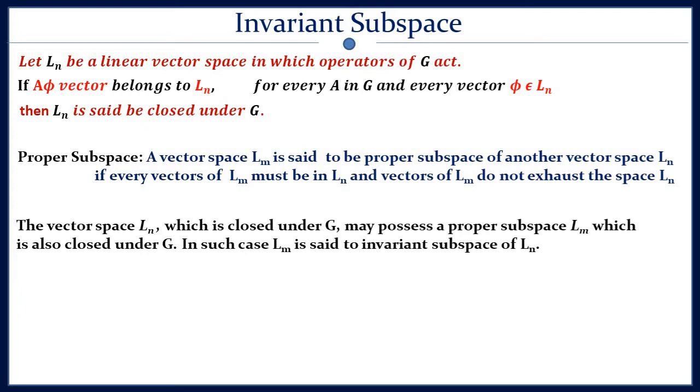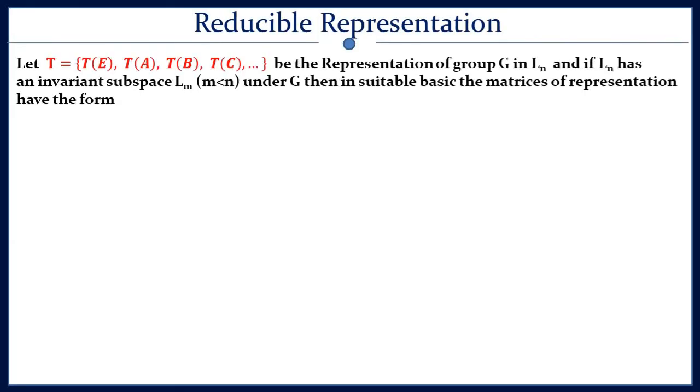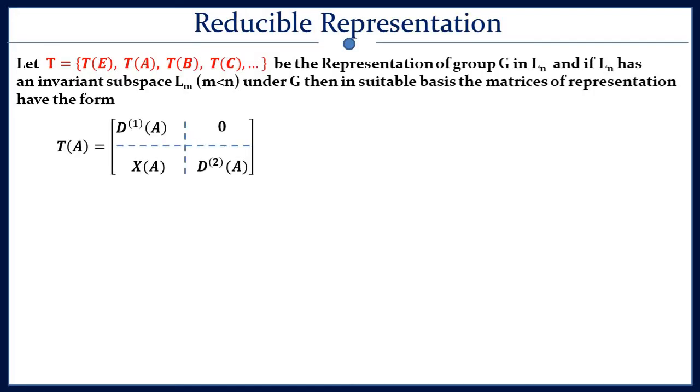Now we are in a place where we can go for the reducible and irreducible representation. Let T be the representation of a group G in vector space Ln. And if Ln has an invariant subspace Lm under G, then in a suitable basis, the matrices of representation have the form like this: Ta equals d1a, 0, xa, d2a.